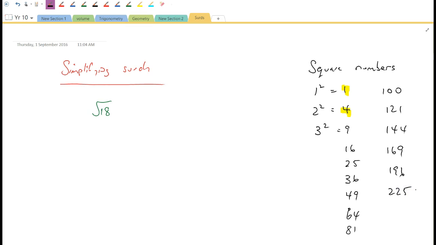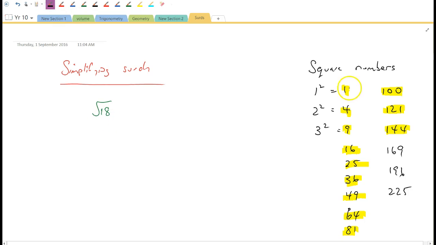We're getting big now, but certainly up to 12 times 12, that's where you're expected to have a working knowledge of them, so you're not scratching your head too long trying to figure it out.